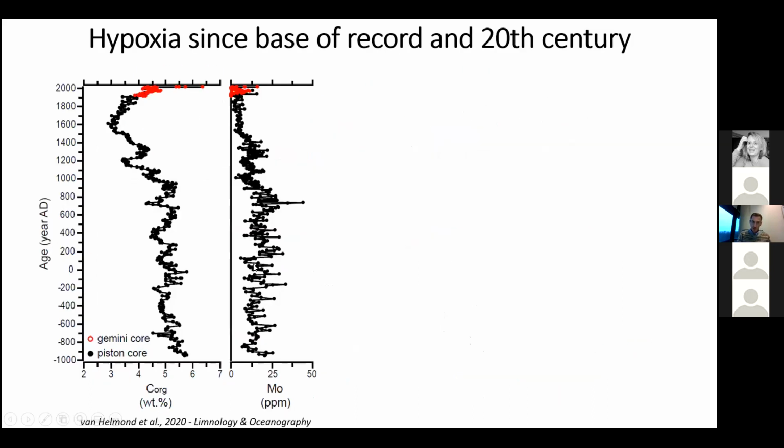So of course, then we want to know exactly when this was. We have constructed the age model, which can be found in this publication, based on radiocarbon dating and lead-210 dating for the top sediments.